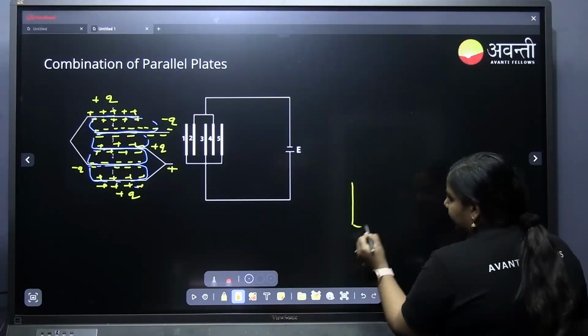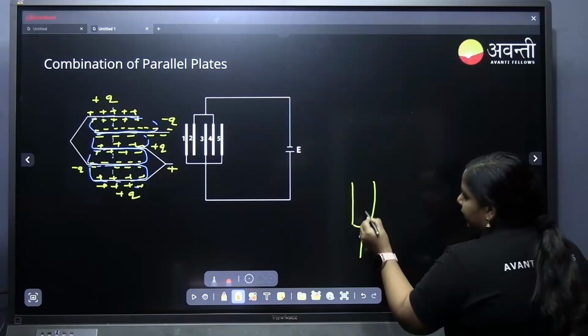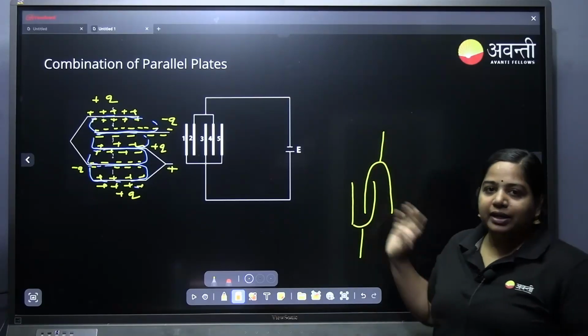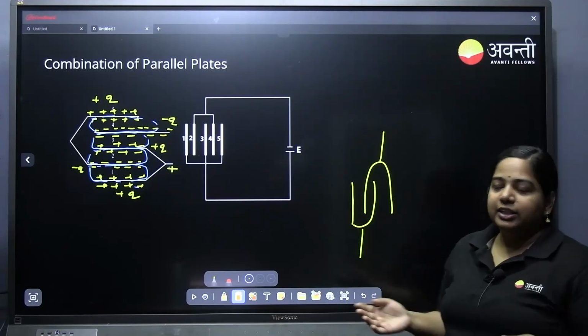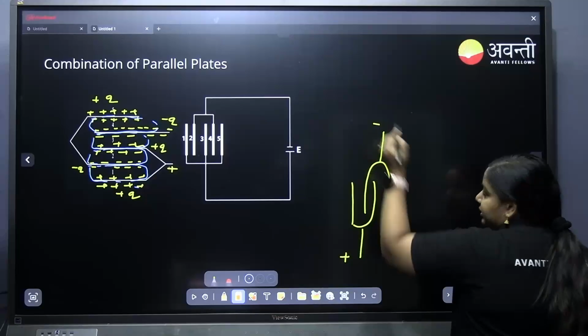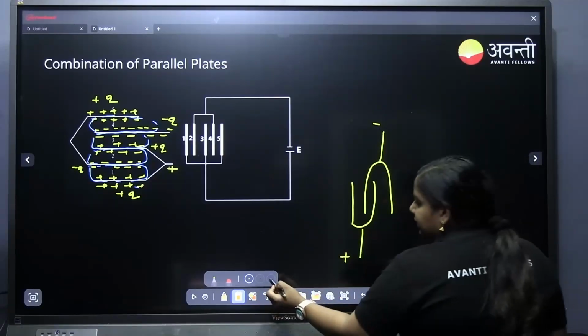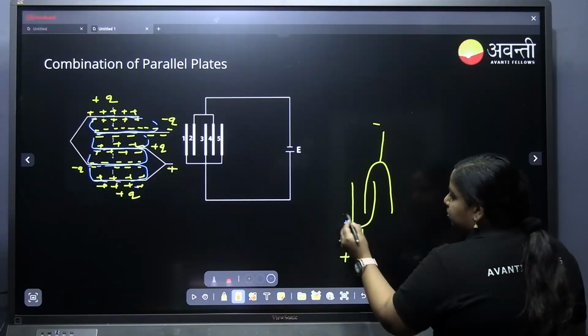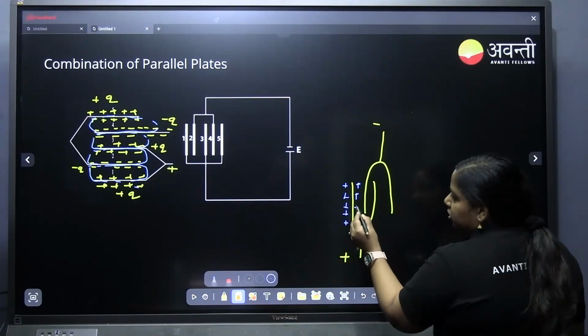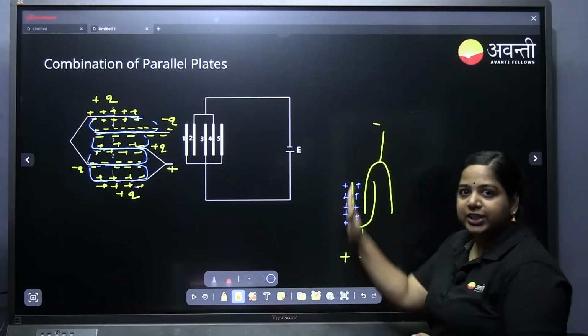See, here the thing is, it will be connected like this. Sometimes they will show parallel plate connection like this. In this, if this side is plus, let's say this side is minus, we can say that these both plus charges will be distributed over 2 sides of this sheet. It will be like a sheet.